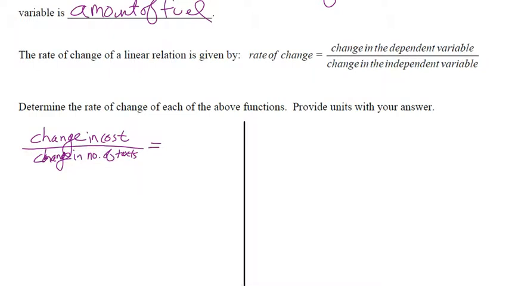So the change in the cost is from 25 down to 20. We'll go with the big numbers, right? 25 minus 20 over the change in the number of texts, which is 50 minus 0, which is 5 over 50, or 1 over 10, or 10 cents per text.